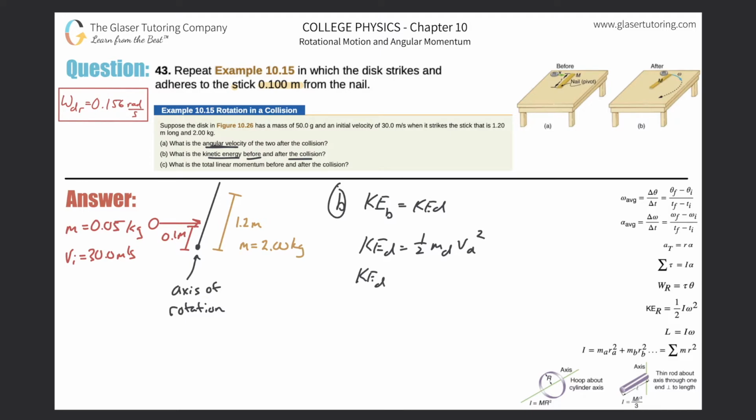Kinetic energy of the disk is going to be equal to 1/2 times 0.05 times 30 squared. So KE of the disk will be 0.5 times 0.05 times 30 squared. And we get a value of about 22.5. Okay, so 22.5 joules. Great. That's that answer. So that's for letter B.